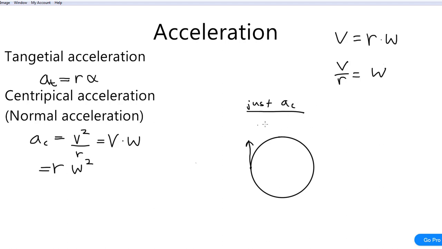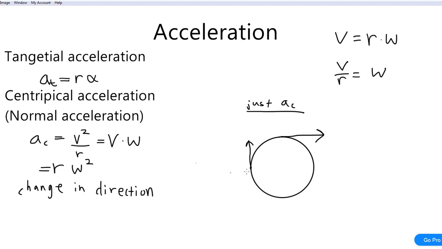So really, this is a change in direction. You're just changing the direction of your vector, and since that's still a change, you have to account for it as acceleration.